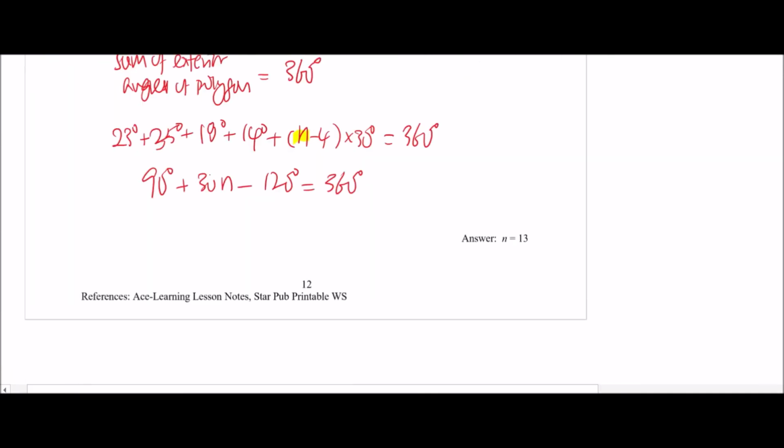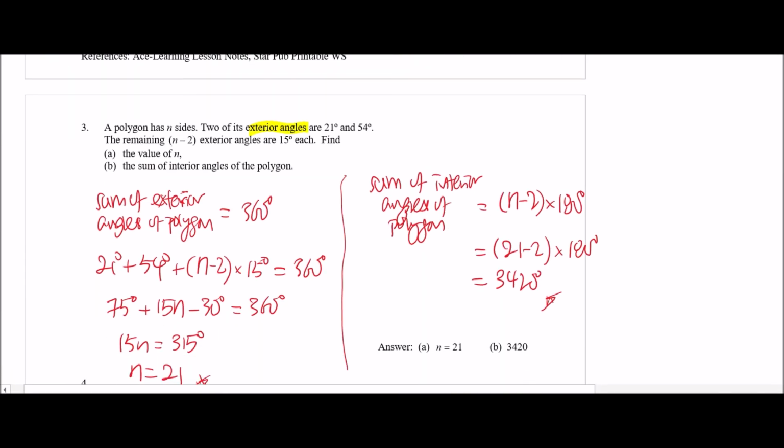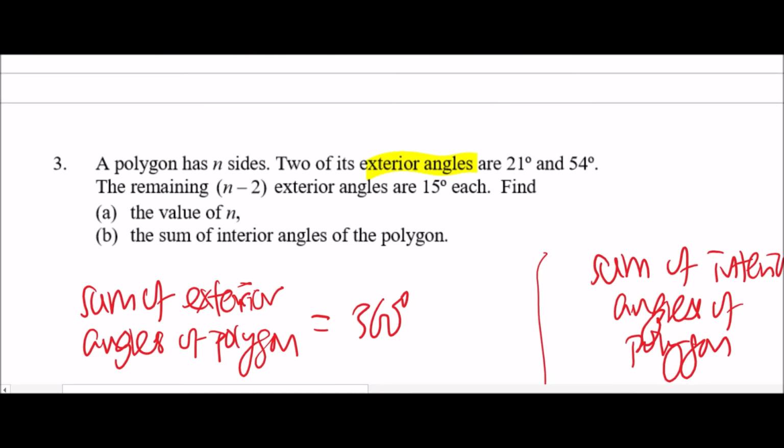Alright, moving on. Here the question says a polygon has n sides, but at this point in time, please be careful. This need not be regular. So let's just assume that it is non-regular. Two of its exterior angles are 21 degrees and 54 degrees.